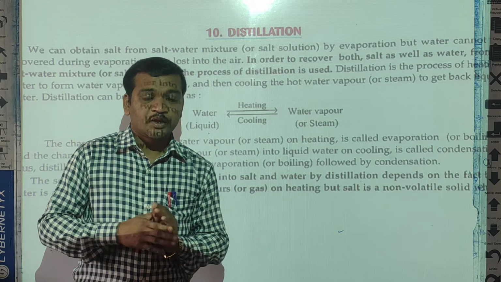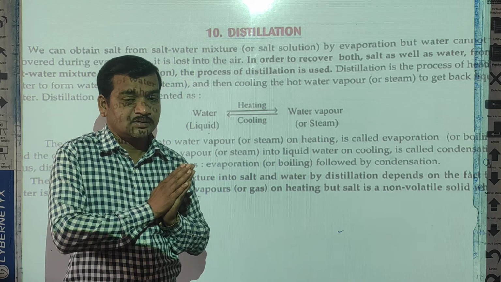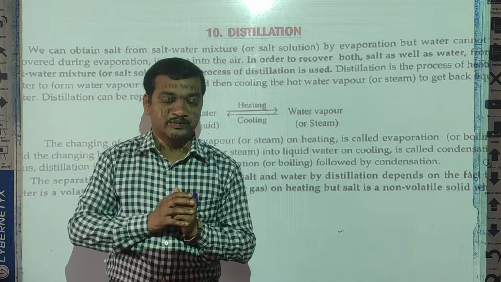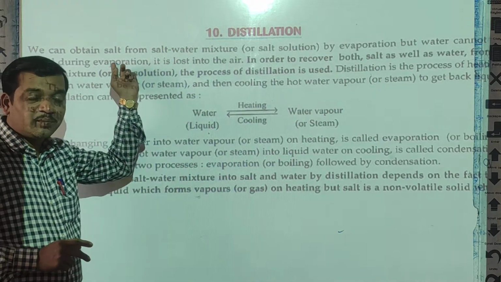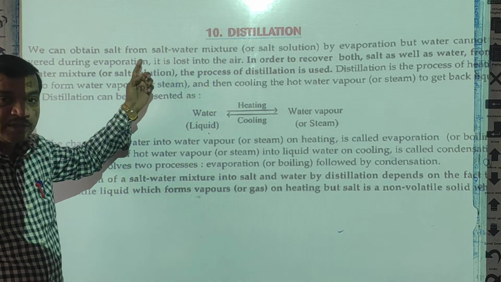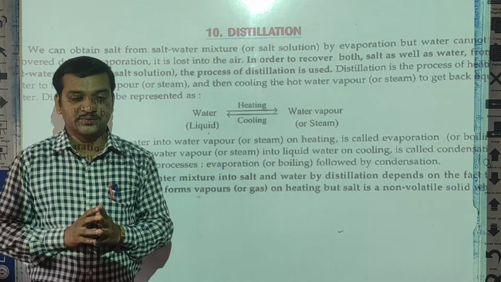But we cannot obtain the water, because that water is lost in the air. Yes or no? See here, by evaporation, water cannot be recovered and is lost in the air.